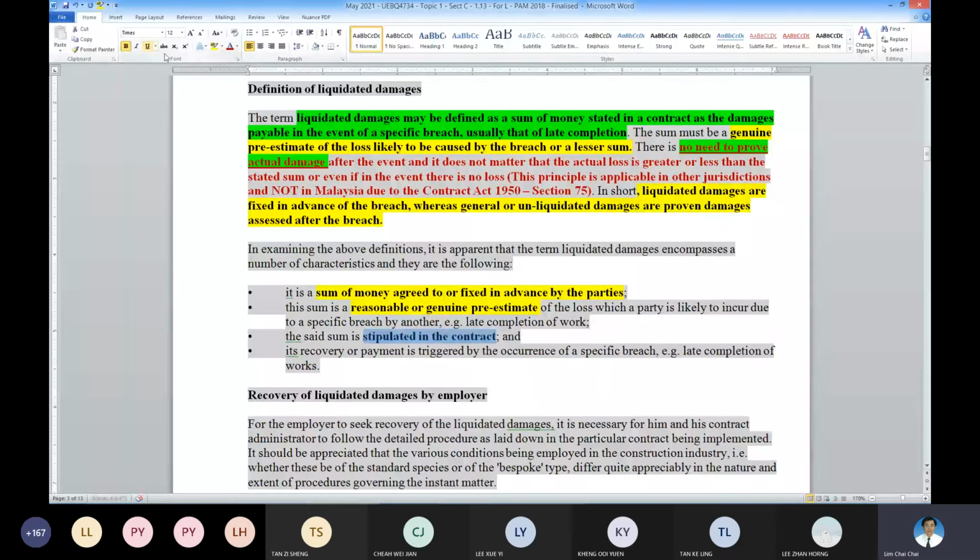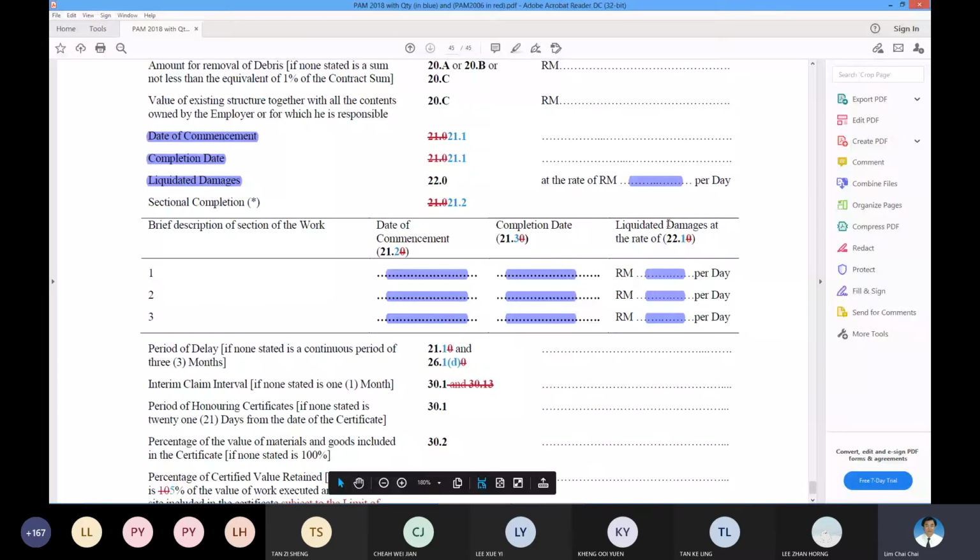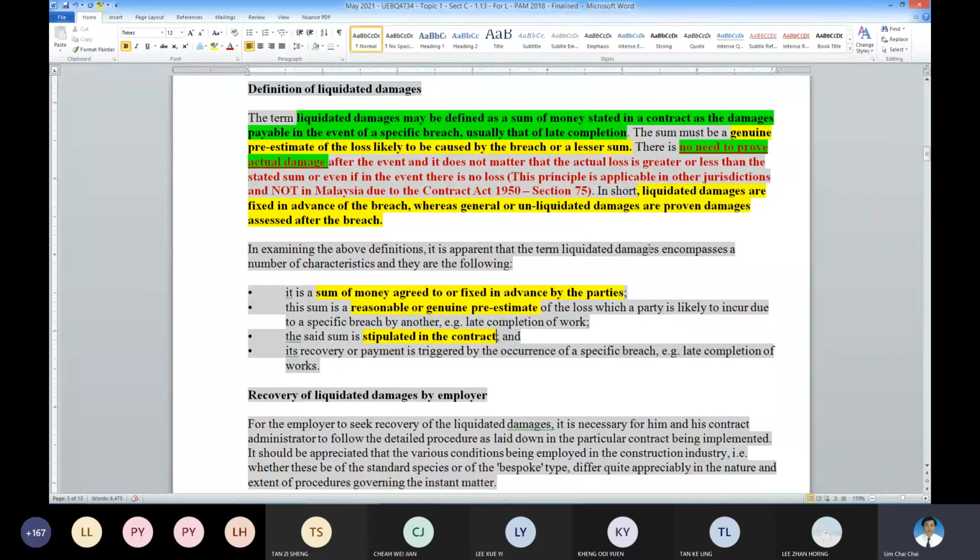If you don't state it here, your LD is not effective. Okay, so the recovery has to be triggered by a specific event. What is the specific event? It is the late completion. So these are the key points or definition of liquidated damages. So, recovery of liquidated damages by the employer.